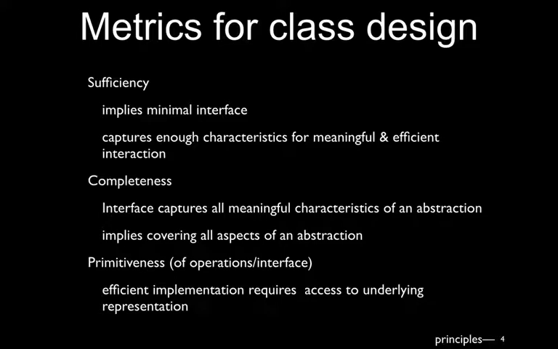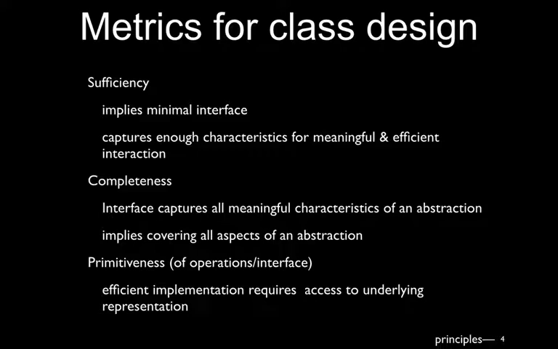But when it comes to creating methods themselves, there's a balancing act between sufficiency on one side and completeness on the other. When you have a class with certain methods, you say that the class is sufficient if it has the absolute minimum number of methods in it. You say the class is complete if you can do whatever the abstraction needs from you.